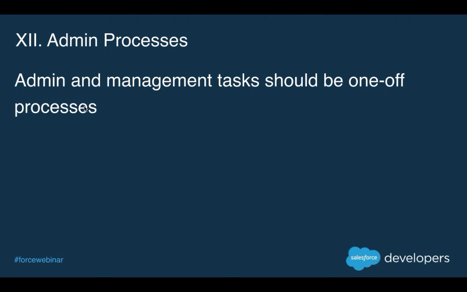The last factor is admin processes. And the 12-factor app states that admin processes or management tasks should be run in one-off isolated processes. What this means is that you should not be logging into a production server to run a job. I can tell you from experience that I've done this, logged into a production server to run a database migration, and brought down the entire application because I locked up the actual running process that was handling requests.